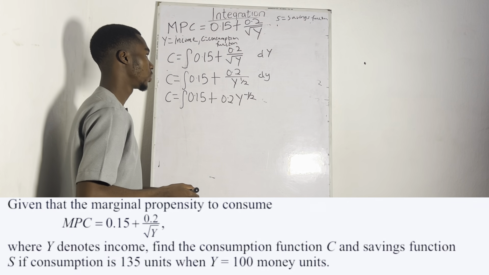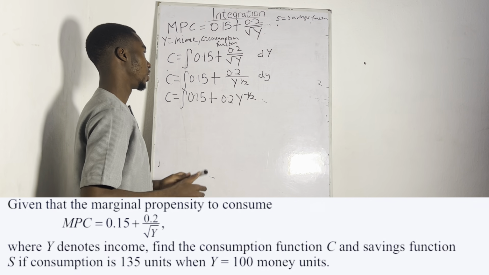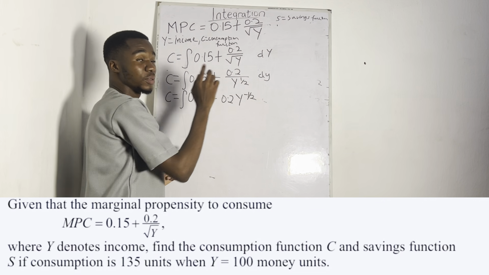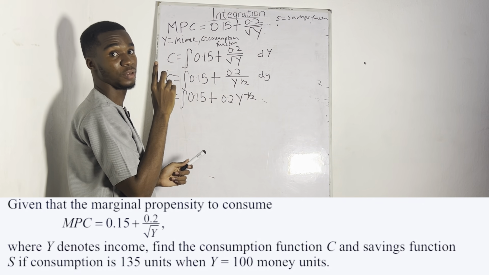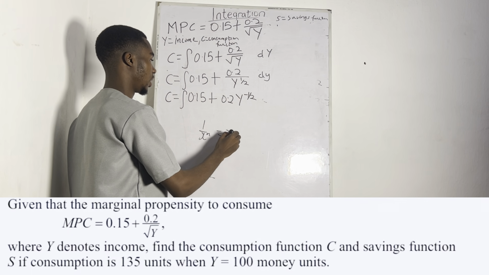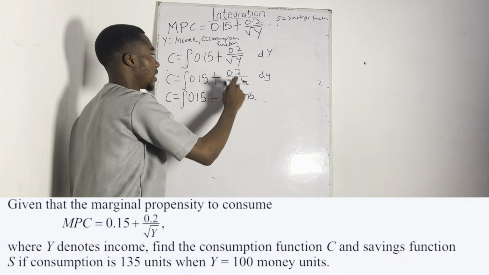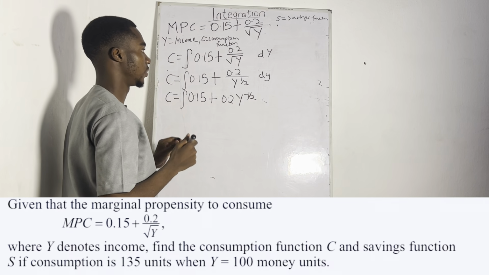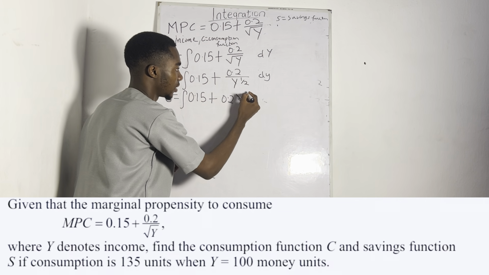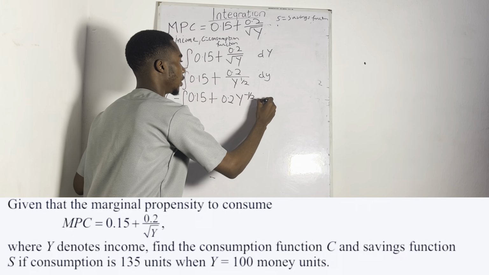When you have 0.2 over y exponent half, you can multiply it, so 0.2 times y, and the exponent becomes negative, just like 1 over s exponent n is s exponent negative n. Do you get it? Then we bring our dy.